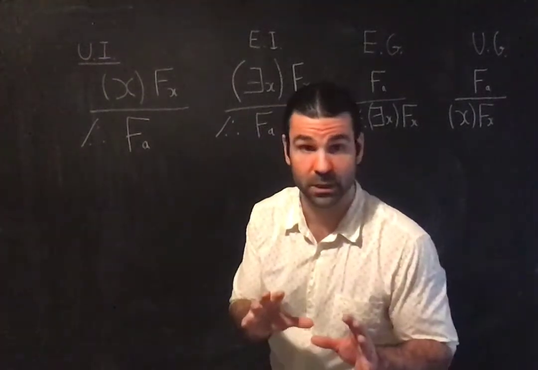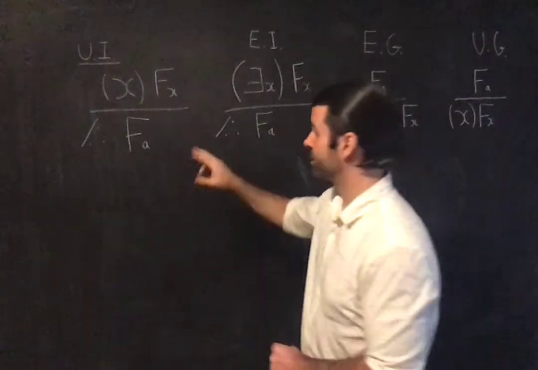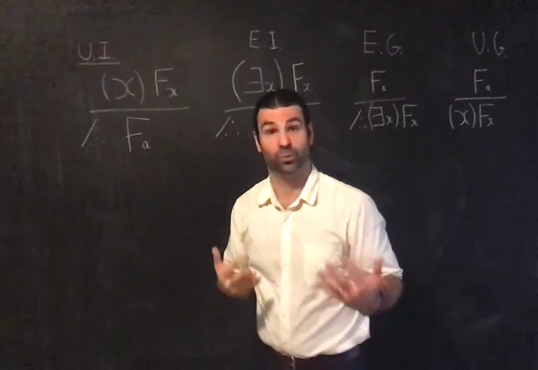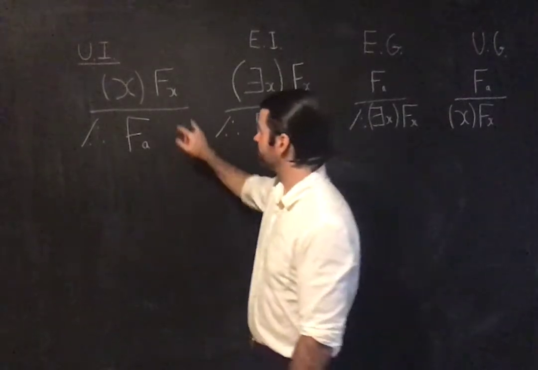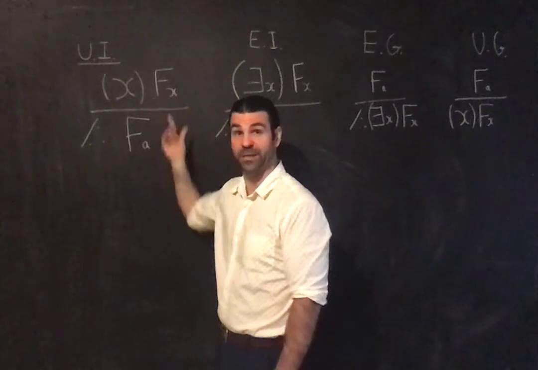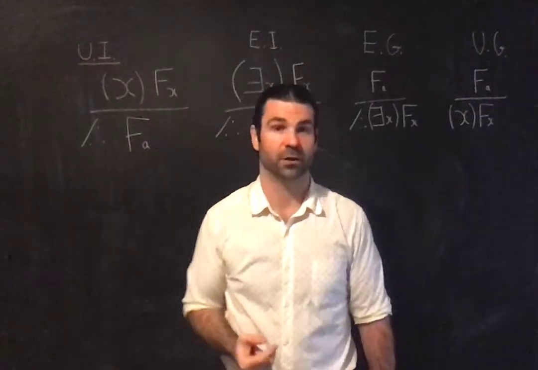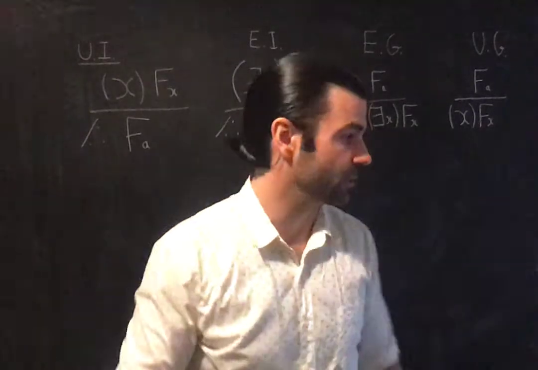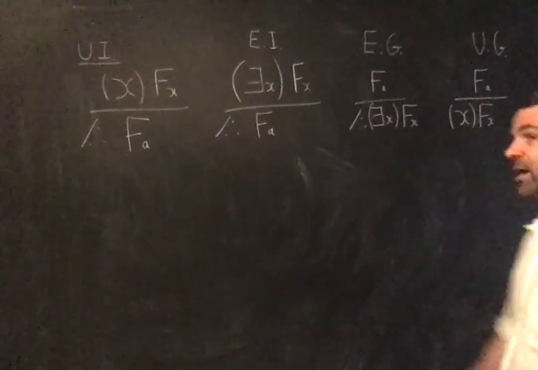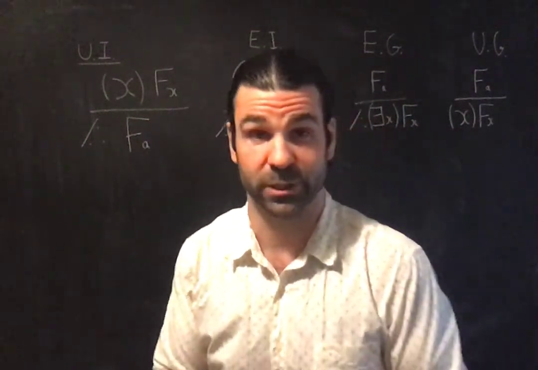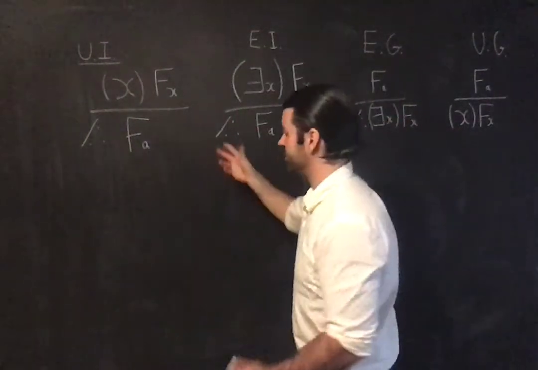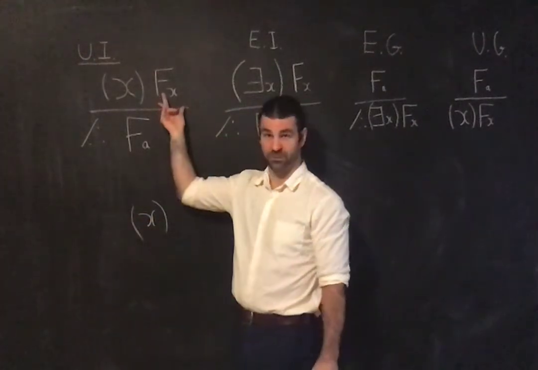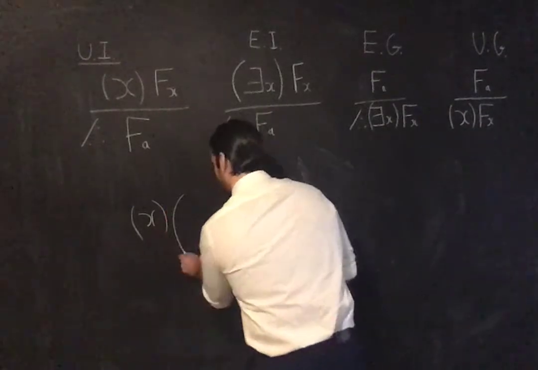I should say, Klenk presents these with phi and psi instead of just F, for a good reason, namely the phi and the psi can be complex formulas, formulas of any complexity. I find that when I present them that way, people sort of get lost. So I'm just using F, but you have to appreciate that most of your instantiations are not going to be of a simple propositional function like this.